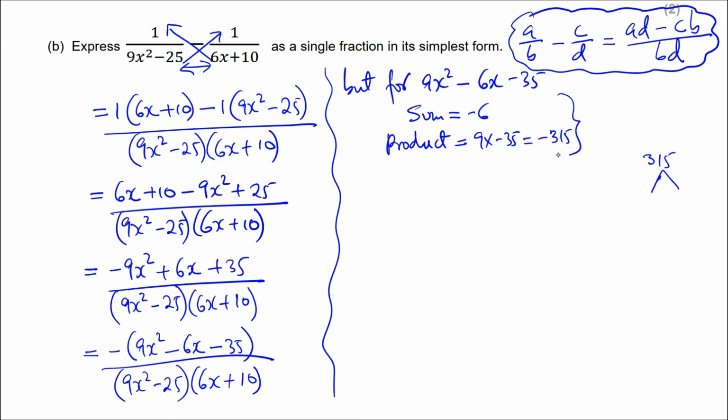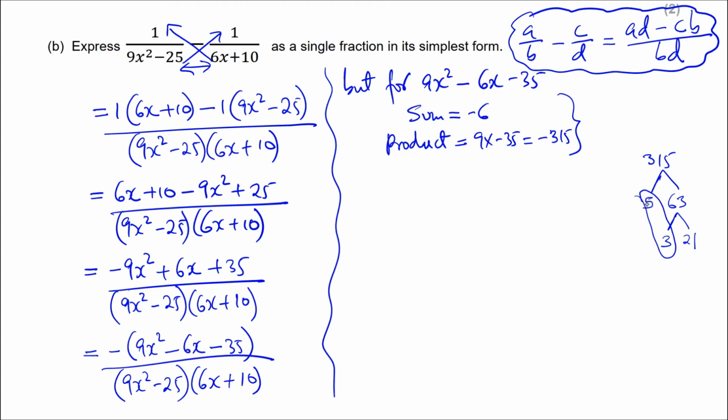And then 5 is a factor, definitely. 315 divided by 5 will be 63. 7 is a factor, 3 is a factor here, so 3 you have 21. And now I'm trying to figure out two numbers from the factors of 315. Obviously, you can see here that 15 is a factor of 315. So I know the difference between 15 and 21 is 6.